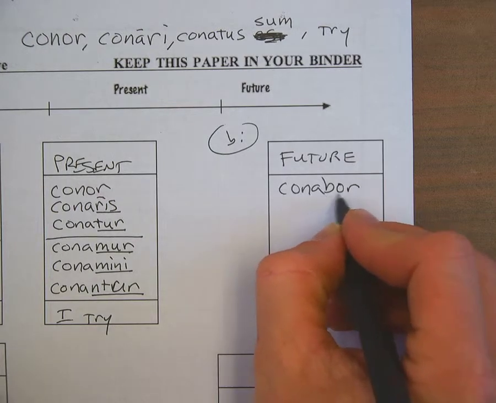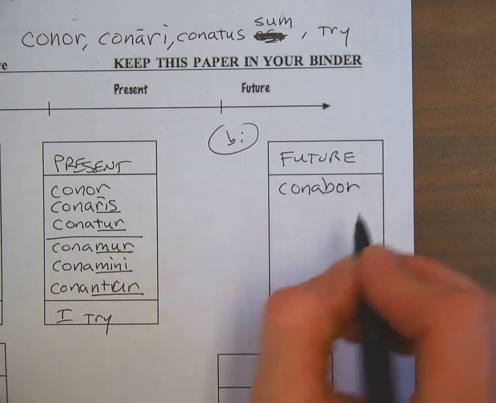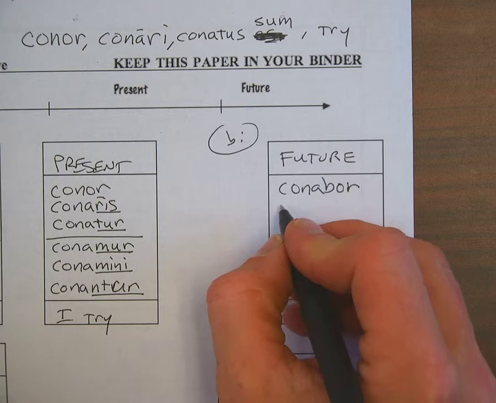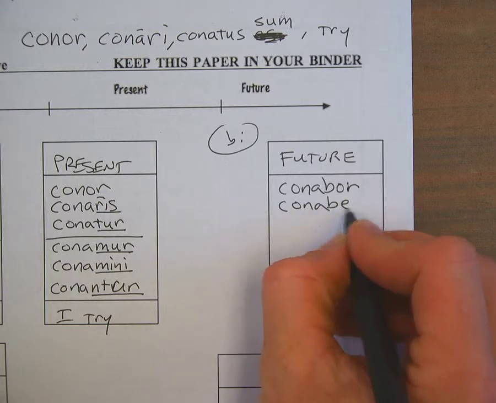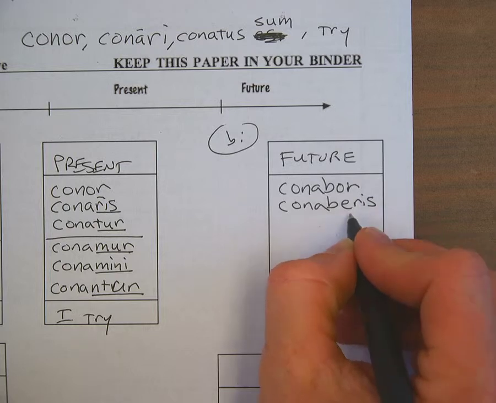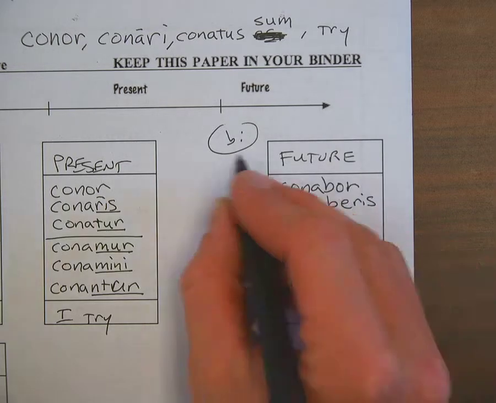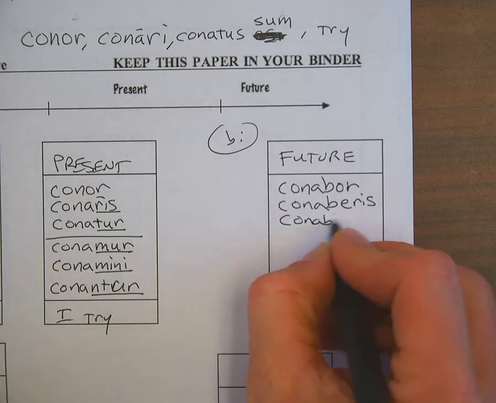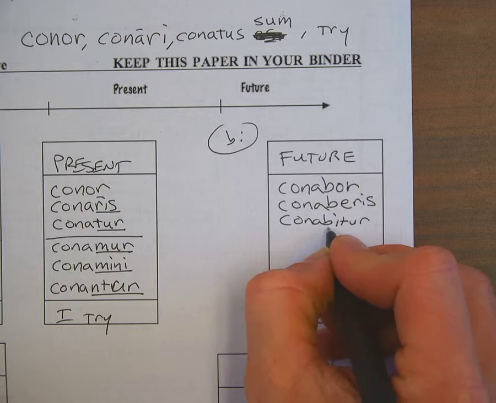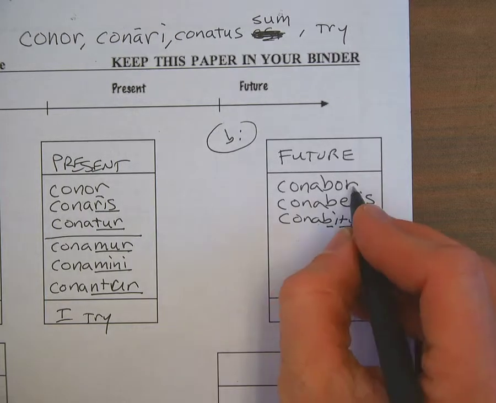Okay, that's instead of bo, it's bor. I will try. Conaberis, and this one's a little different. It goes beris, not biris. I guess the Romans just didn't like how biris sounded. It just turned into beris. So that way it's not bi, it's be. Conabitur. There you're back to the bi and passive endings.